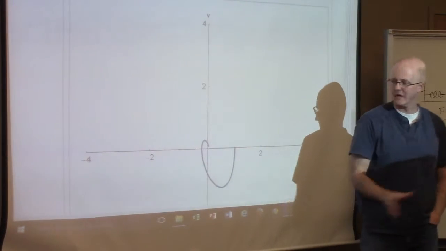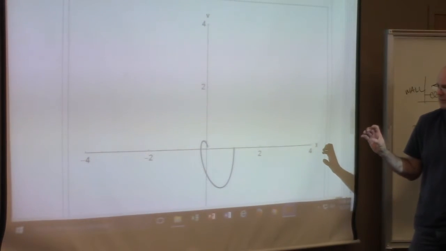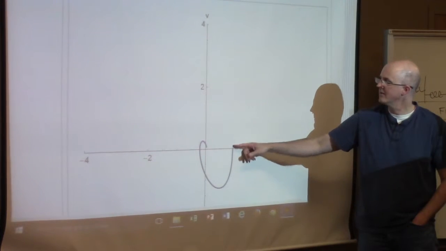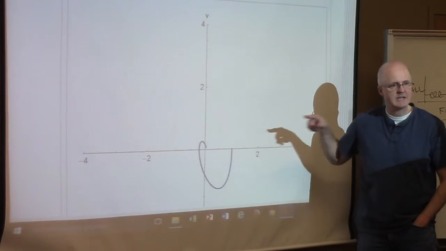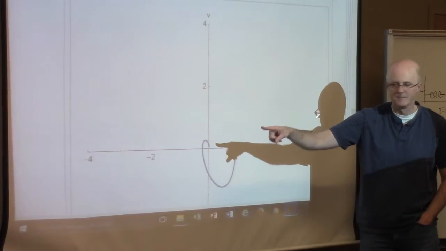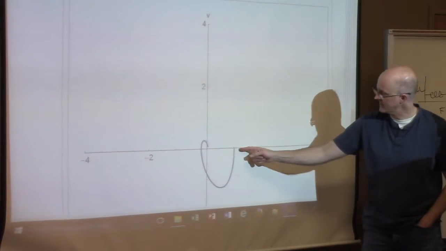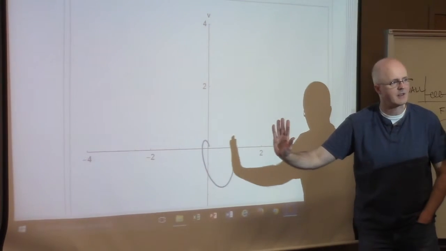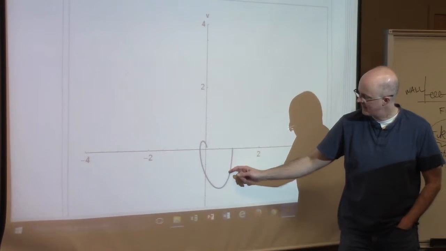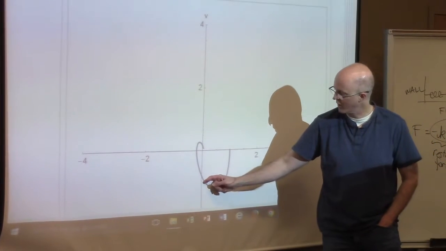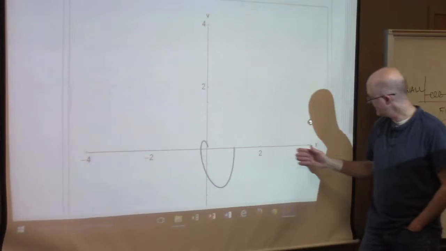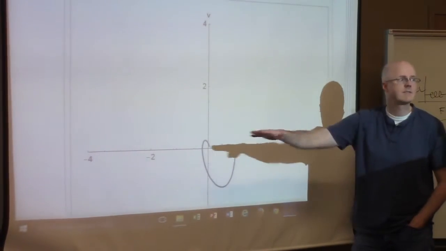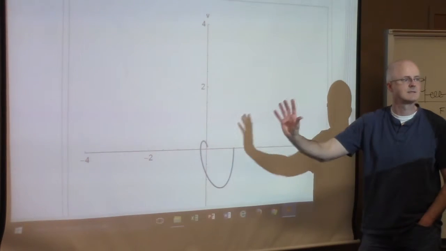So what is the motion doing? You're pulling it 1 meter from the rest position, letting it go. Immediately, the velocity becomes negative, meaning it starts moving to the left. And x decreases from 1 down towards 0. The mass is moving to the left. It's moving to the left the entire time this curve moves to the left, because x, the left-right coordinate, is the same as the x for the mass.